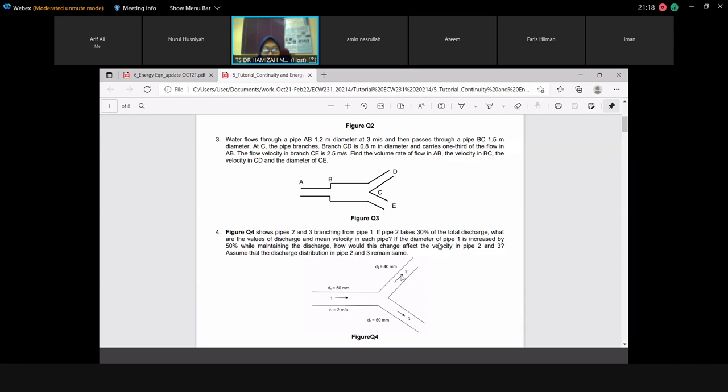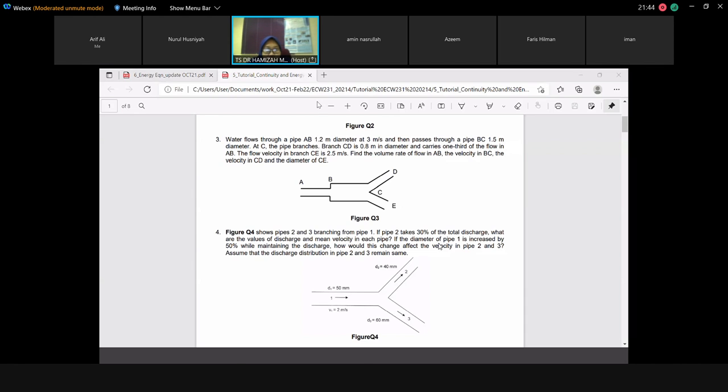So you need to find mean velocity untuk pipe 2 dengan pipe 3. Pipe 1 dia dah bagi velocity. And they need you to explain what happens if the diameter of pipe 1 is increased by 50%. How would this change the effects in pipe 2 and pipe 3?